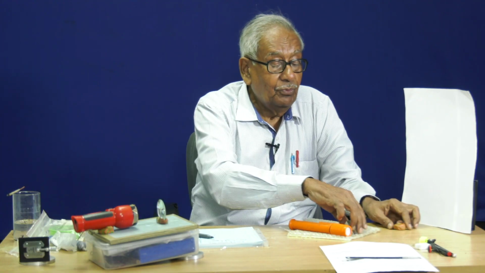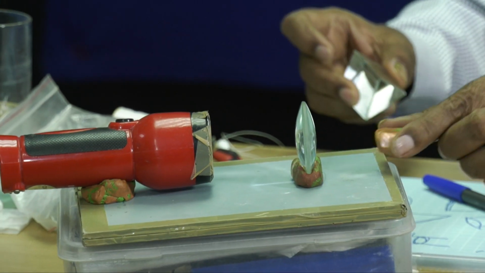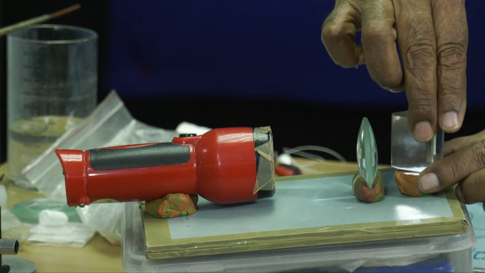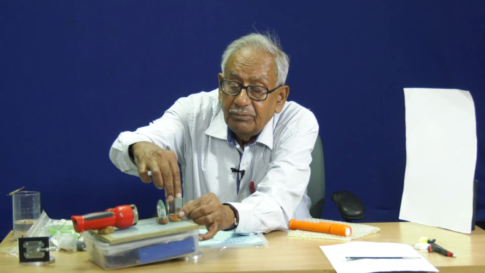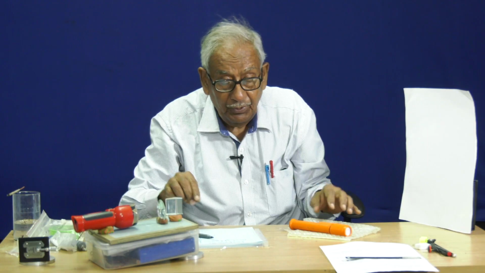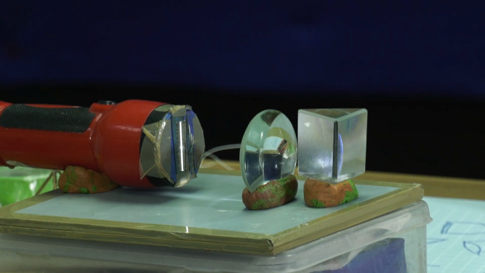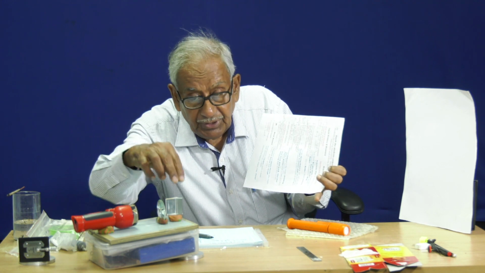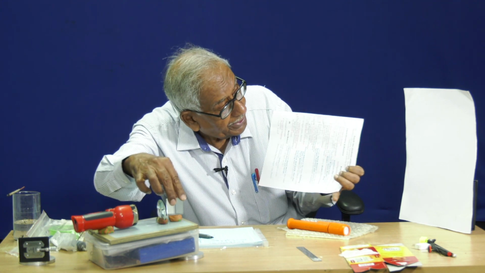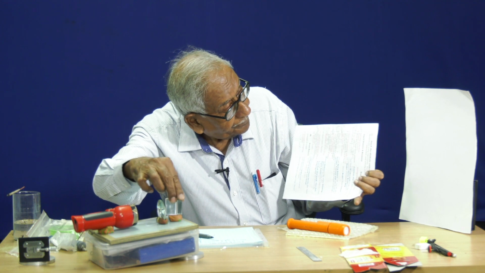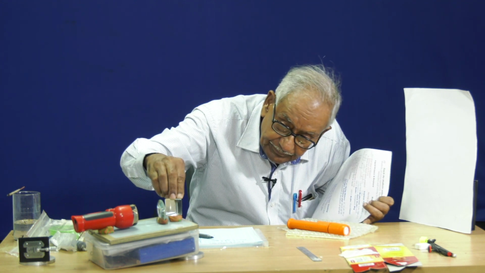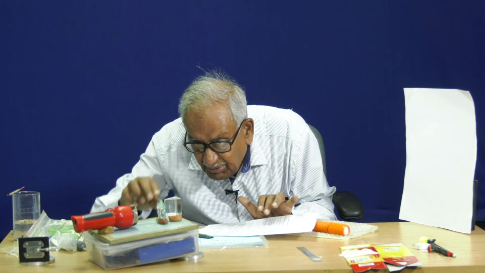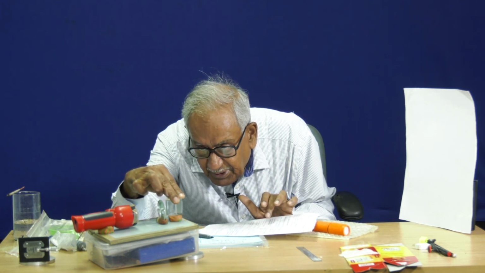But the condition is that the focused beam should be on the screen. So now I am going to place the prism at an inclined state and the spectrum will come some other place. If we consider some white paper and go on looking at this, then at some point we will be able to see the spectrum.